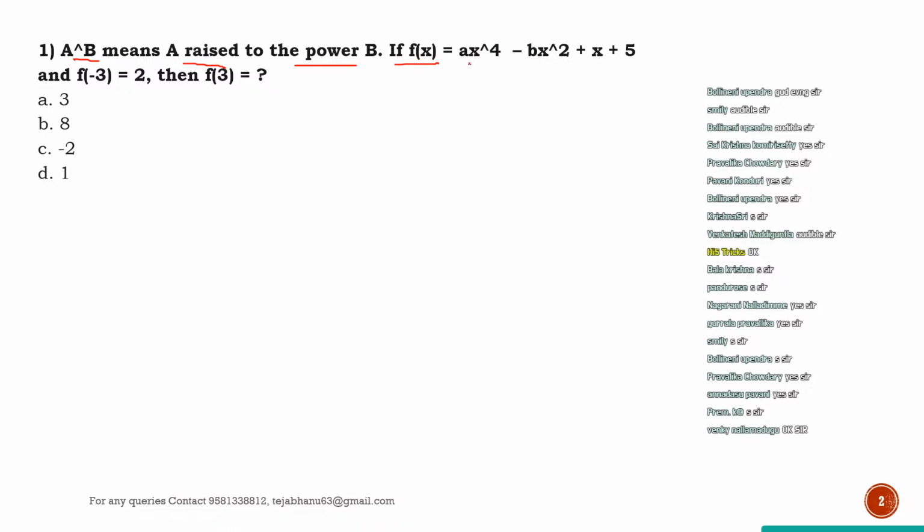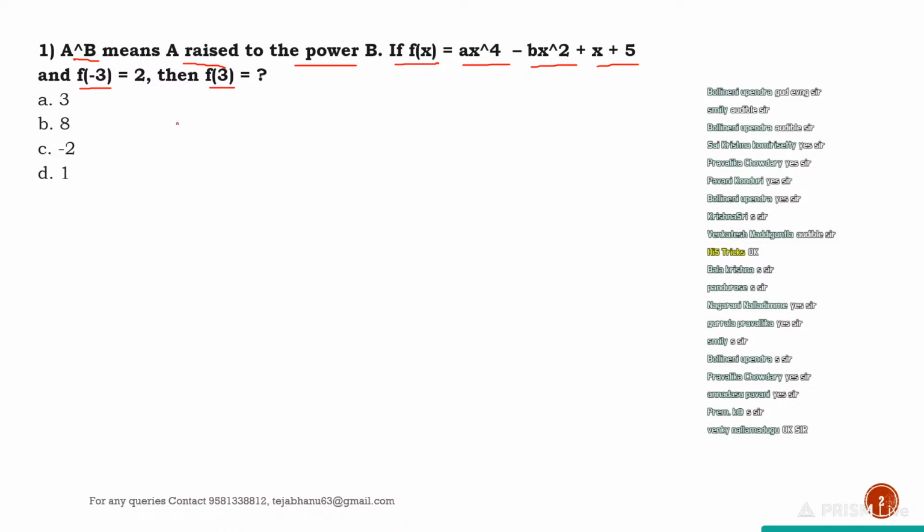If f of x is equal to ax power 4 minus bx square plus x plus 5, then f of minus 3 is 2, find f of 3. This is the question which was asked previously in TCS.